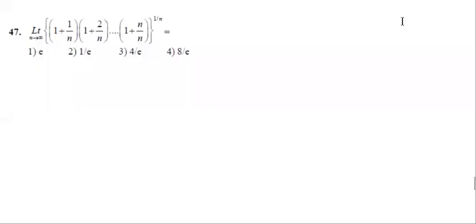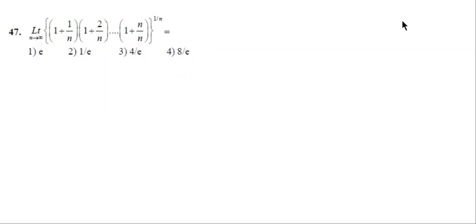This is actually, I think, level 2 self-working or level 3 related problem. So here, see inside the bracket, 1 plus 1 by n into 1 plus 2 by n into, product is there. Summation is there means we will write in terms of sigma, but product is there means how can we write?